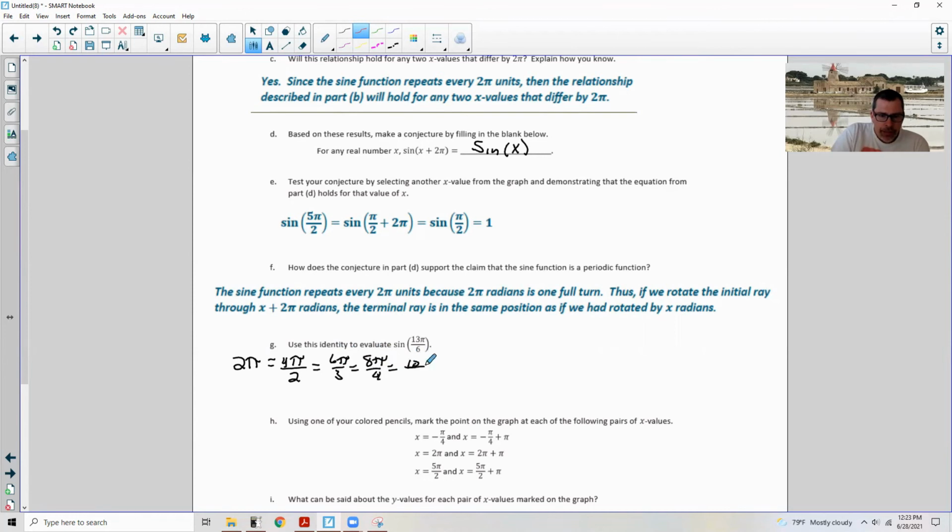pi over 5, which equals 12 pi over 6. Now notice I have 13 pi over 6, so this is the denominator I want. 12 pi over 6 is 2 pi, so if I want this scenario set up, I would say the sine of 13 pi over 6 equals the sine of, well, 12 pi over 6 is 2 pi, so I'll put that here.